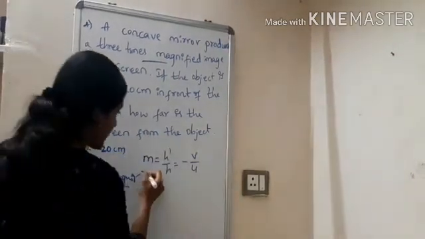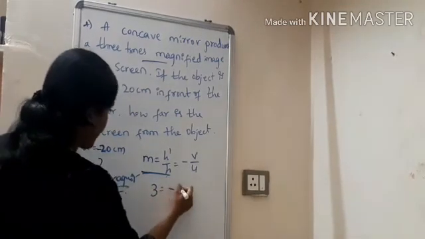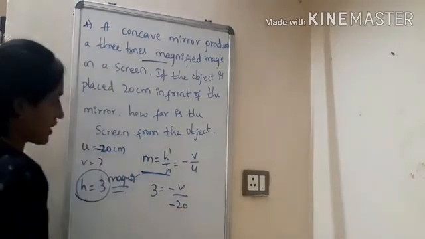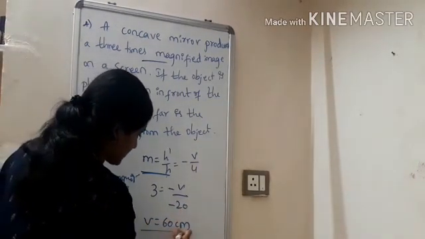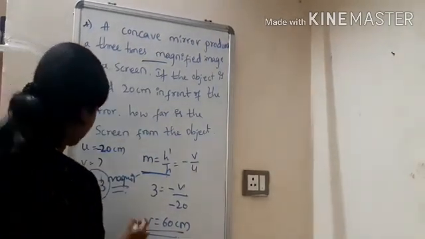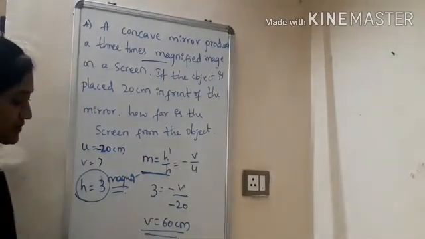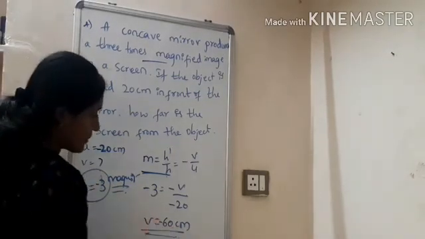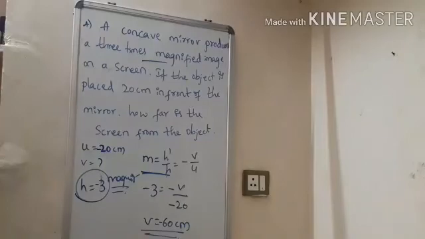That means m is 3, equal to v, which we have to find out, over u, they gave 20. So now v is equal to 60 centimeter. Clear? v is equal to 60 centimeter. This is the magnified image, so here negative will come. So this is minus 60 centimeter. That is the image distance.